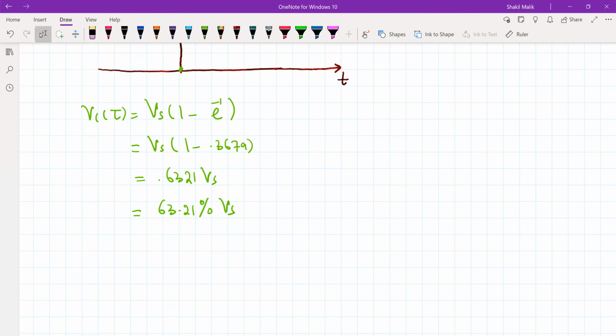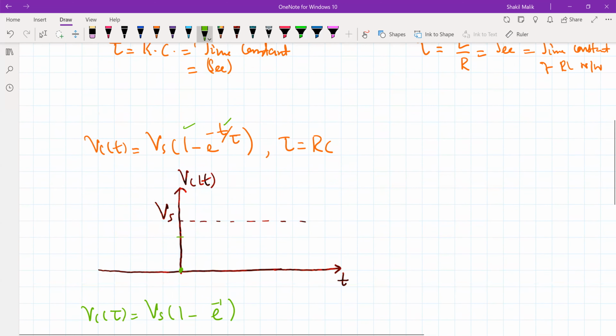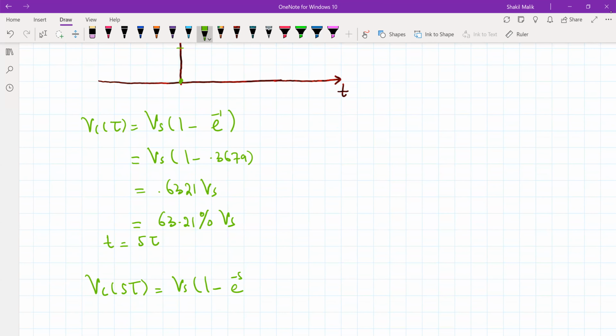Now, if we substitute one specific value, t equal to 5 tau, what will the capacitor voltage be at this time? It will be Vs (1 minus e to the power of minus 5).